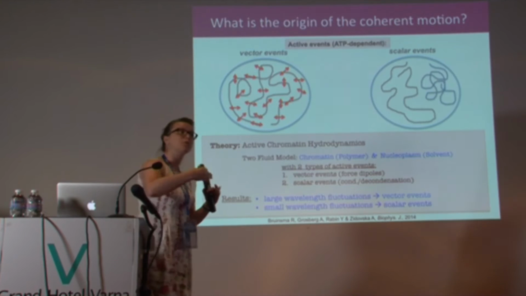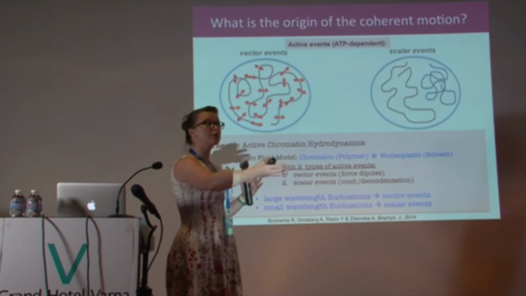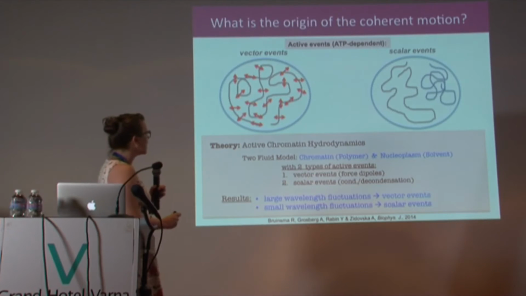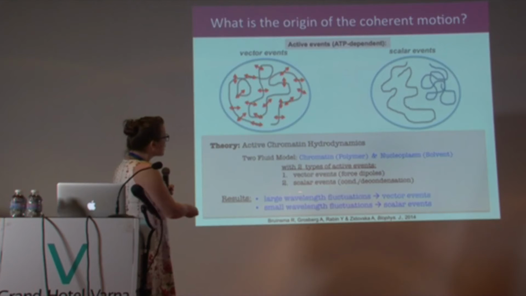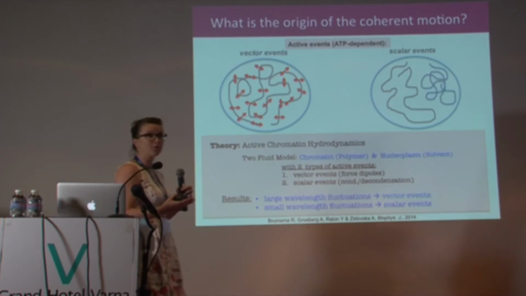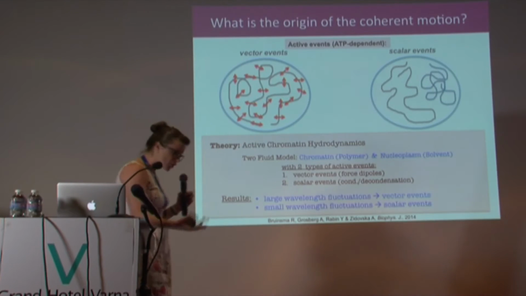Yesterday, Shura mentioned that we could go even further, and the activity in the nucleoplasm could be considered here as well. So I just want to mention here the results of these theories or the predictions.